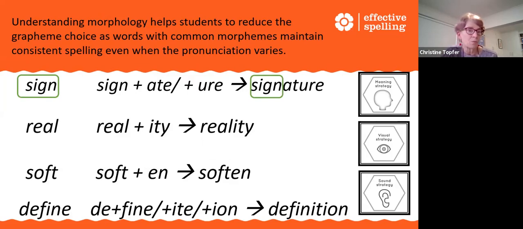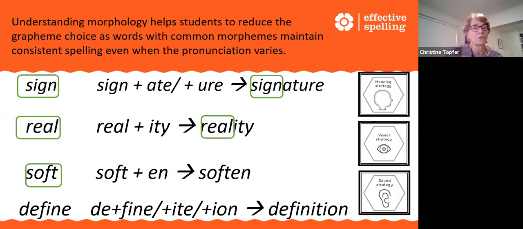The same with the word real, and then we look at another word in that family, reality. So here, these are all signs that the actual spelling stays the same. So the grapheme choice we have is the same, but actually the sound varies. So look at the word soft, and you can hear the T sound on the end of soft.